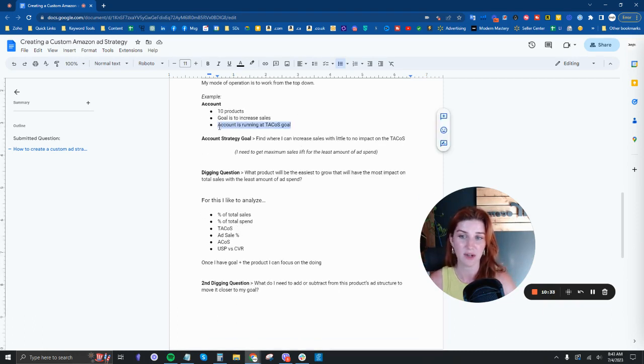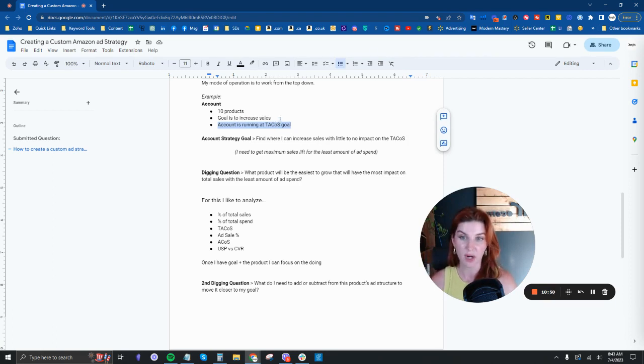So in this case, I know that my account is running close to my total ACoS, which means if I have a specific total ACoS goal, that's probably based off of my profitability. Total ACoS is just a really quick and dirty way to get a pulse on the overall account profitability.